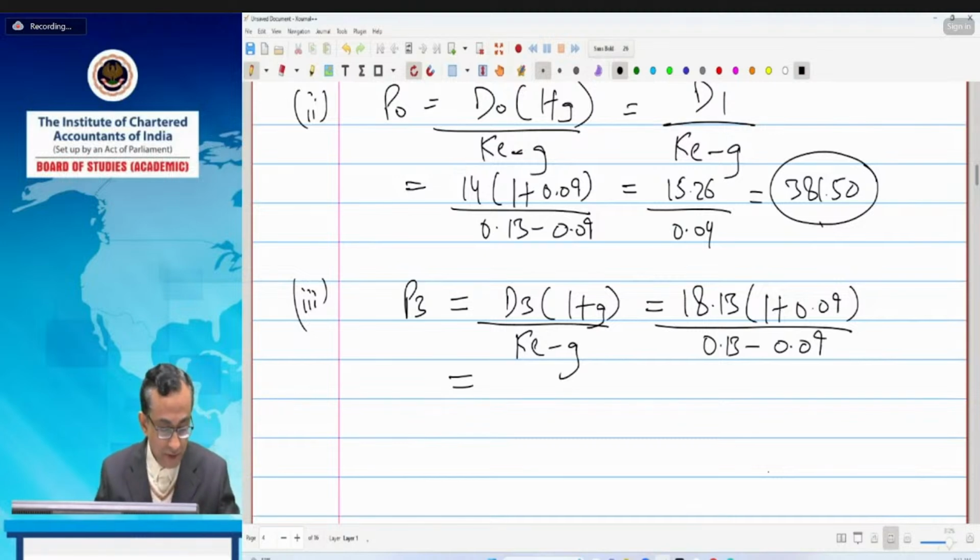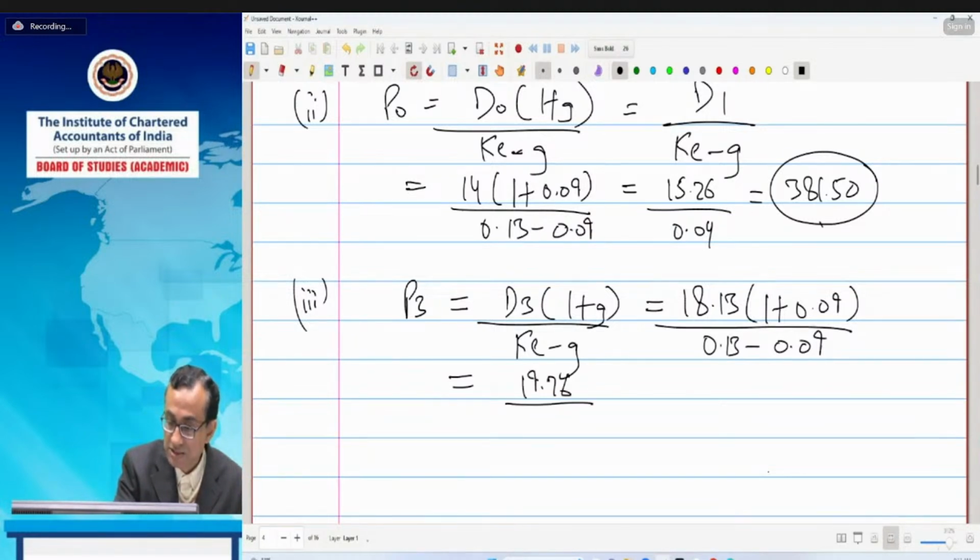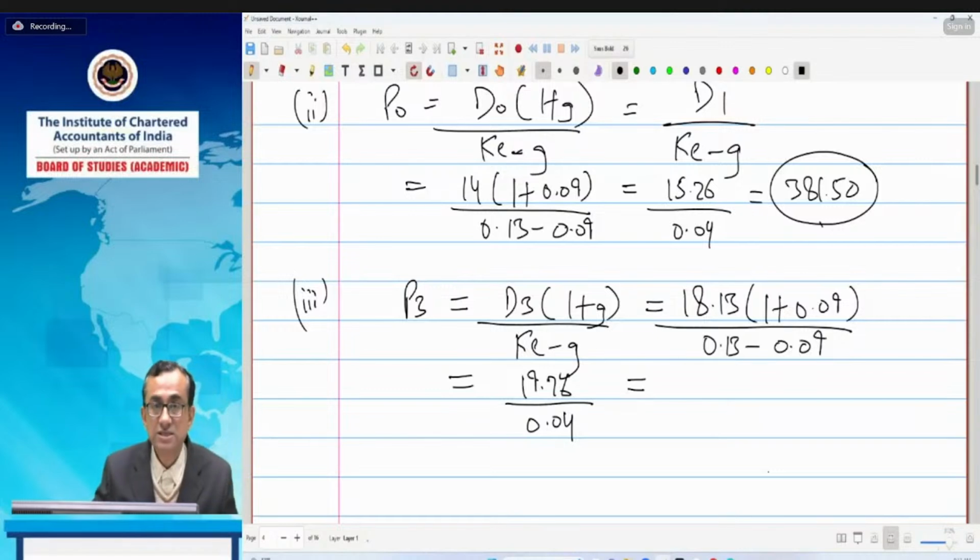So let us calculate it. It will be 19.76 divided by 0.04. 19.76 divided by 0.04 is coming to about 494.